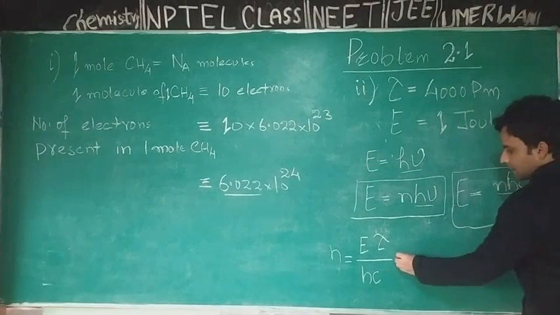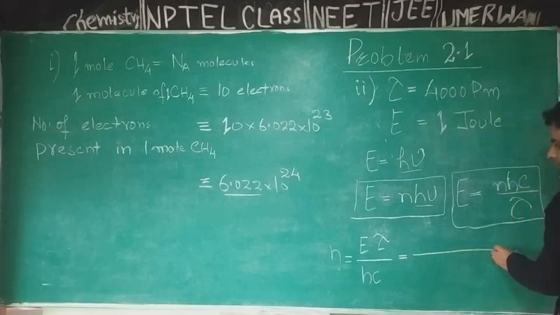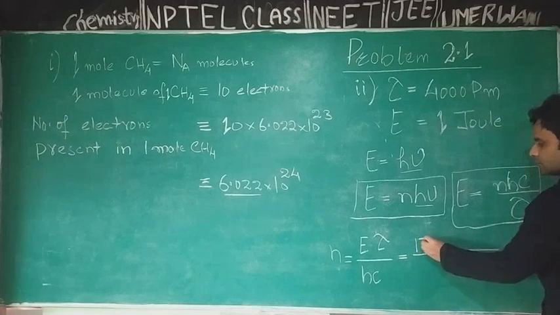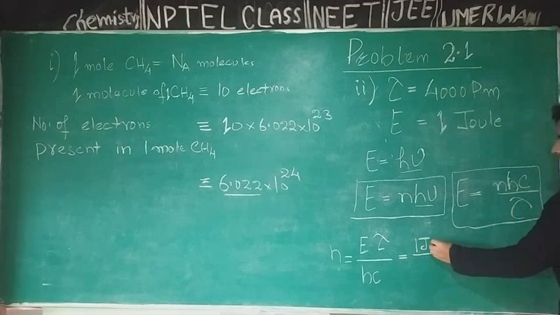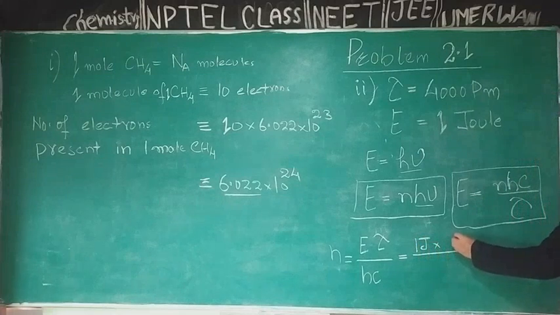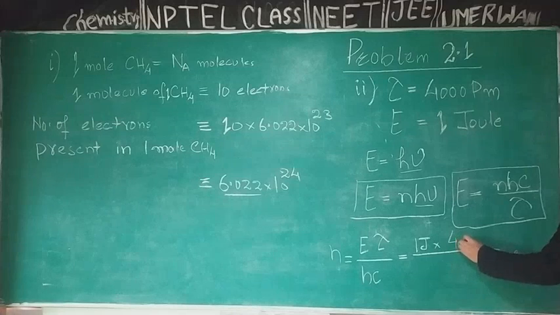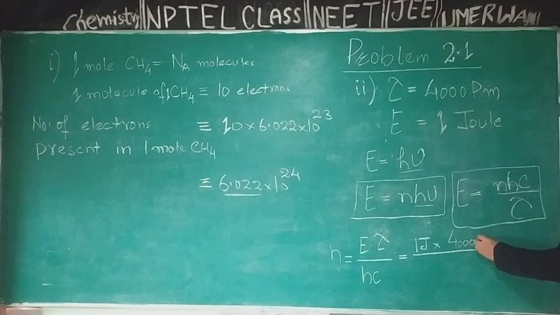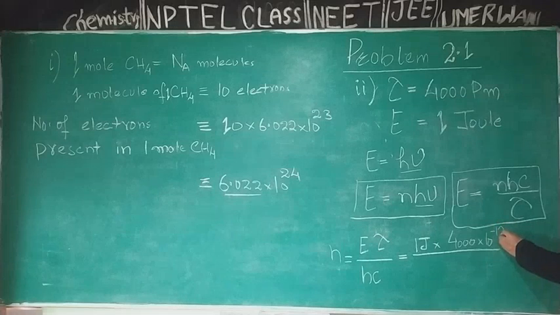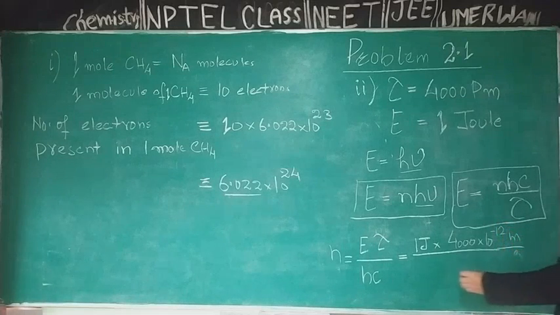I will substitute the values. Energy is 1 joule, lambda is 4000 picometer, and 1 picometer is equal to 10 raised power minus 12 meter. I will express in SI units, 10 raised power minus 12 meter.